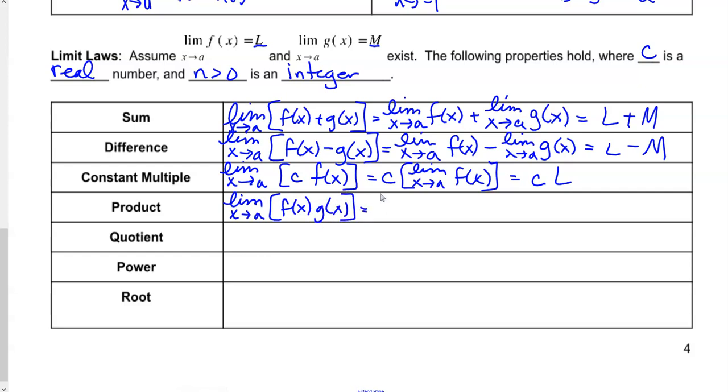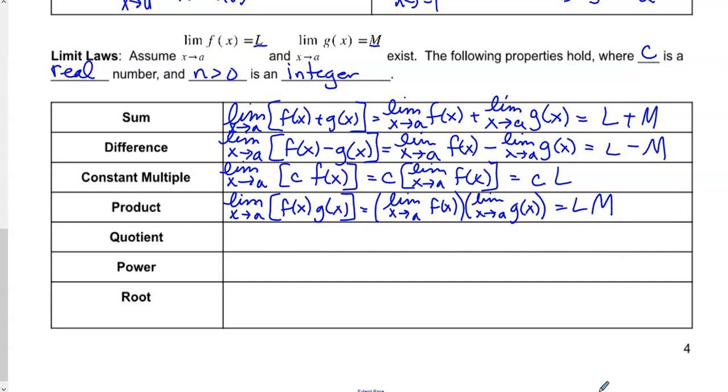So we can individually take the limit as x approaches a of f of x and multiply it by the limit as x approaches a of g of x. And because the limit of f is equal to L and the limit of g is equal to m, I can just multiply L times m to figure out the limit.